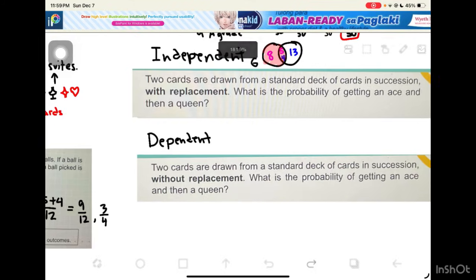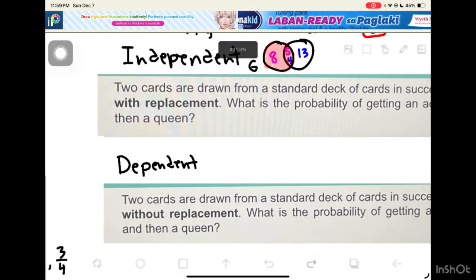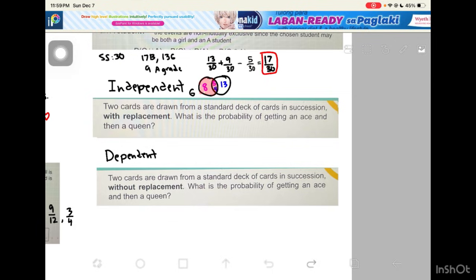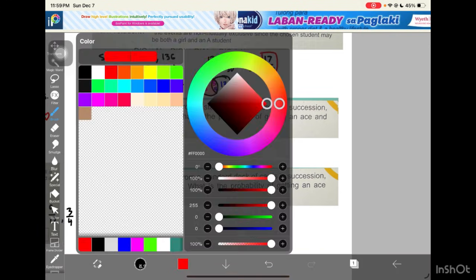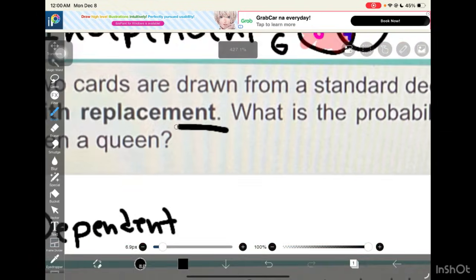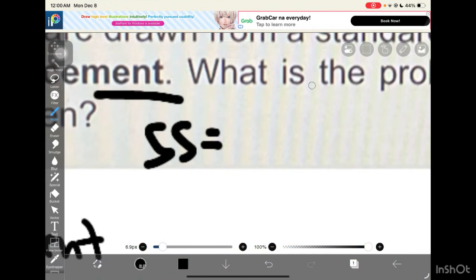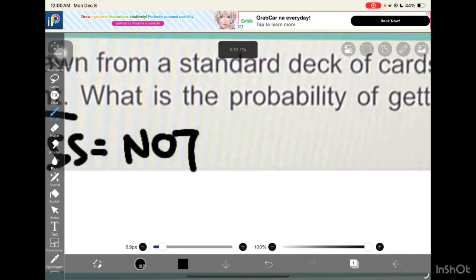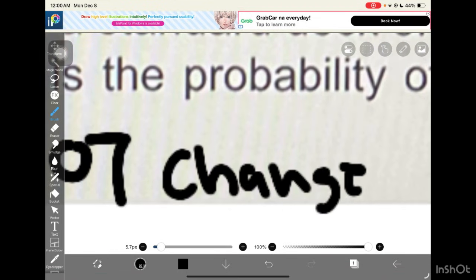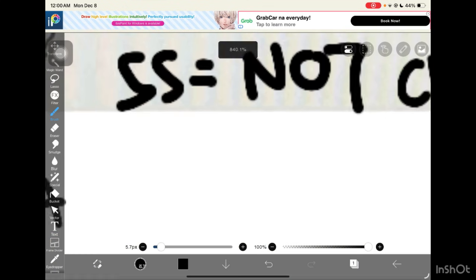Next, independent events. Two cards are drawn from a standard deck of cards in succession with replacement. What's the probability of getting an ace, then a queen? So, with replacement, your sample space is not changed.